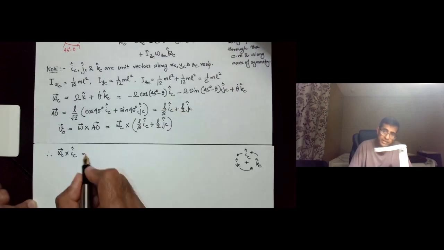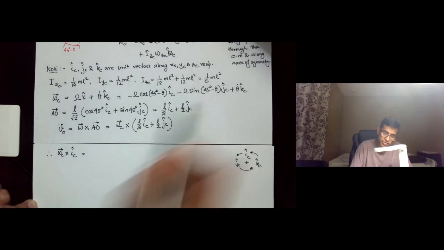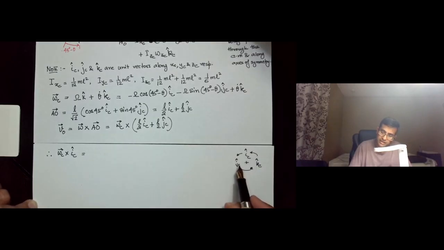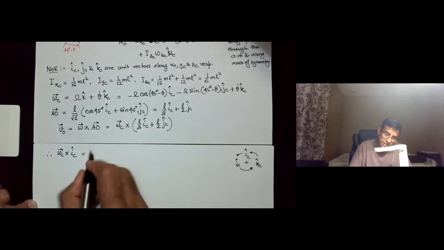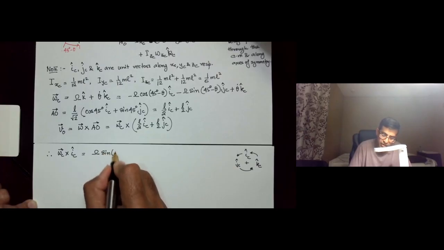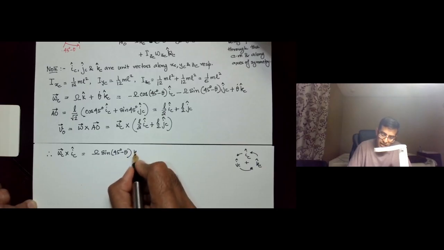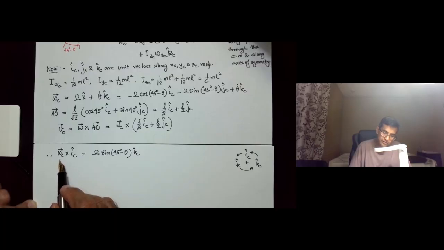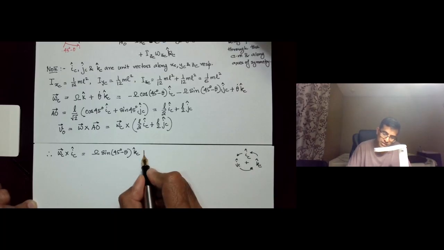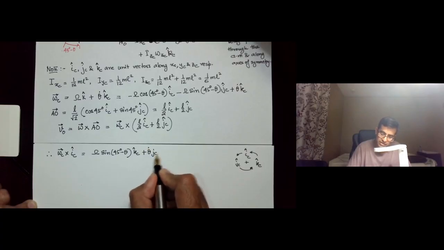So we have IC cross IC is 0, JC cross IC is negative KC, so we will have omega sine of 45 degrees minus theta KC, and then we will have KC cross IC, which is JC, so plus theta dot JC.